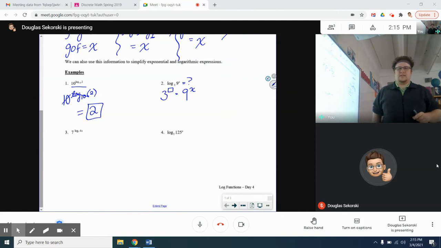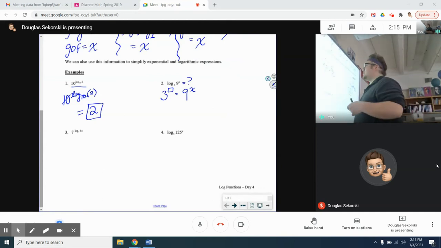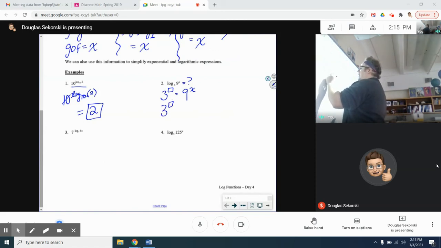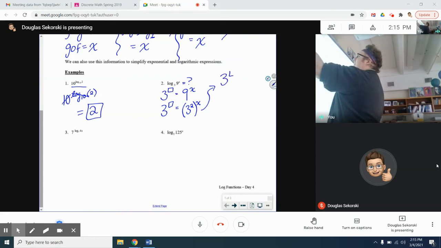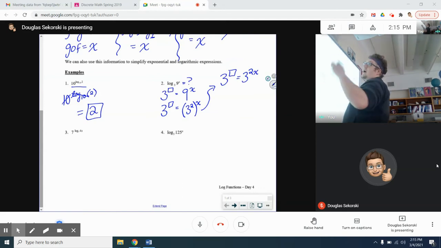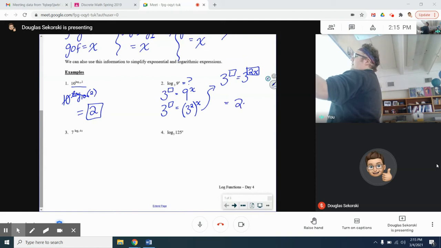So here I'm using the definition of a logarithm. I'm changing it into an exponential equation. And now I'm going to use one of those strategies we learned in day 2, where I'm going to rewrite that 9 as 3 squared to the x. So now it follows that we have 3 to the something equals 3 to the 2x. And now we know what that box is, right? That's right there. So this is all equal to 2x.